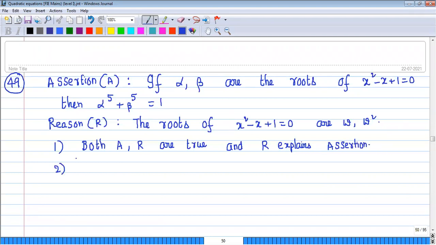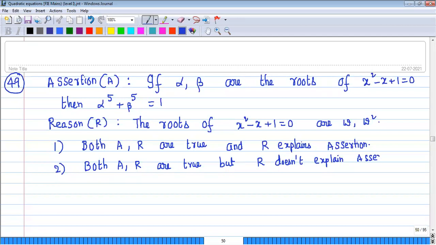Second option: both A and R are true statements, but R does not explain the assertion.